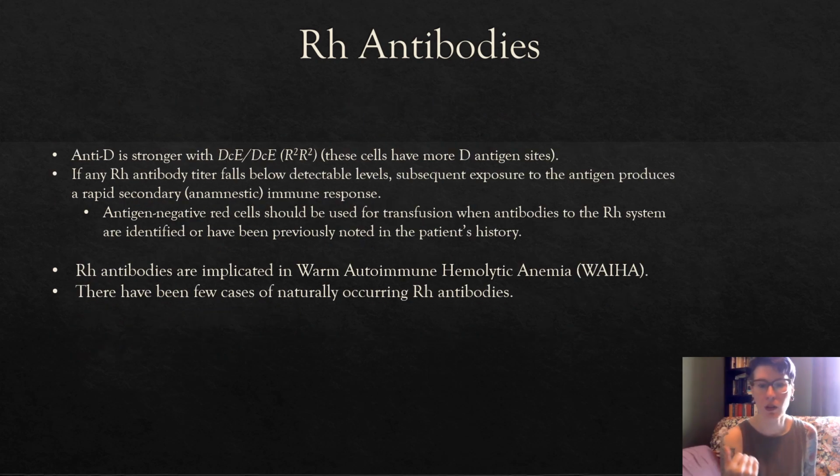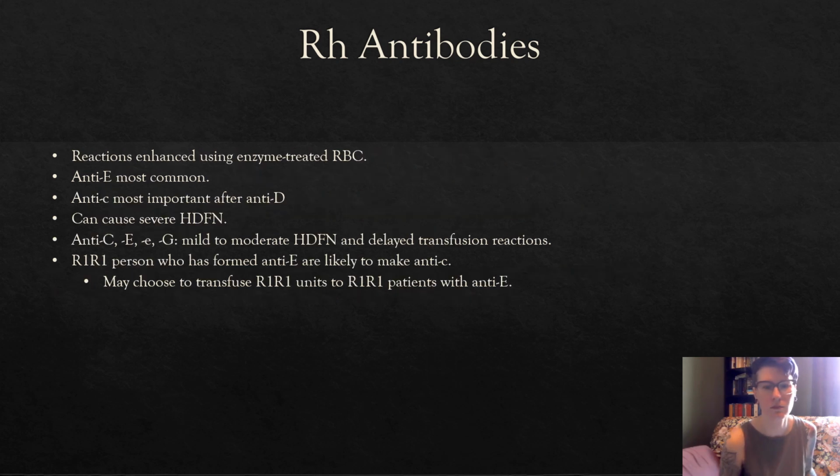So remember, the D density varies based on the rest of the Rh phenotype, so anti-D does react stronger with R2 cells. Rh antibodies are also implicated in warm autoimmune hemolytic anemia. And though they are commonly not naturally occurring, there have been very few cases of naturally occurring Rh antibodies.